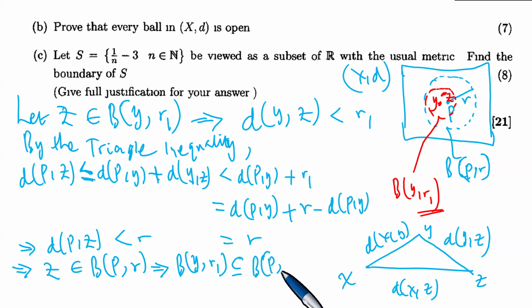This one is a subset of the open ball of center P radius R, because we know this Z is in the BYR1.